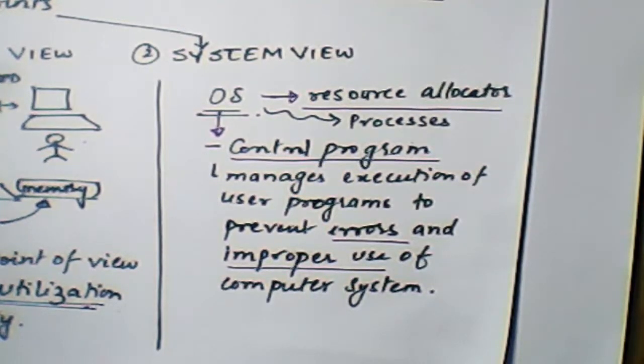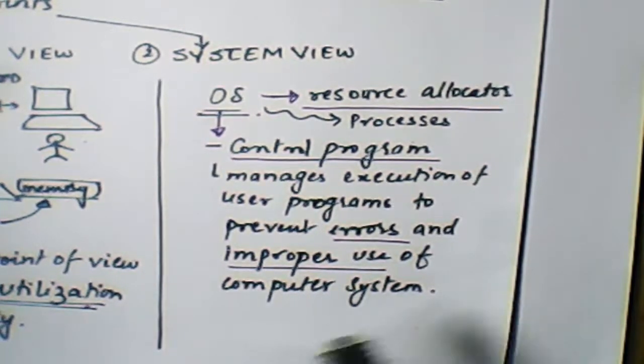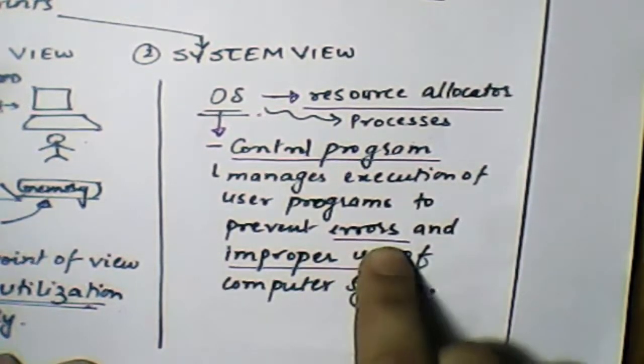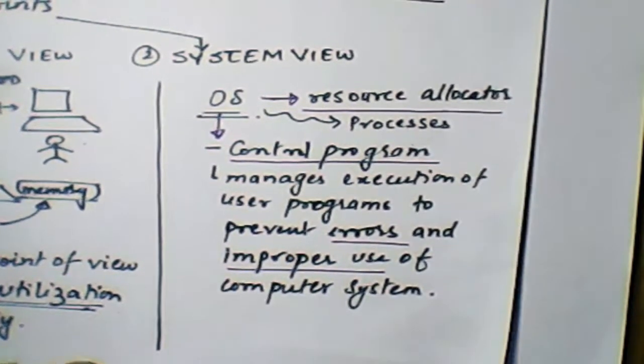In case you are running a user program, and suppose there is an error that has arisen, who will look into the error? Operating system looks into the error, and there is a separate segment of operating system which is called control program, which manages the execution of user program in order to prevent the errors and improper use of computer system.